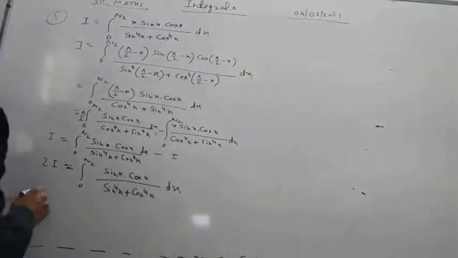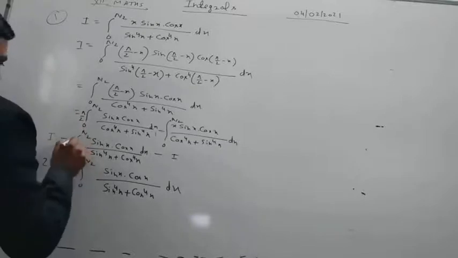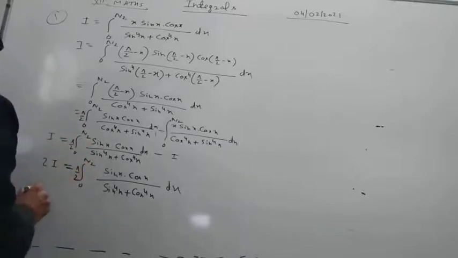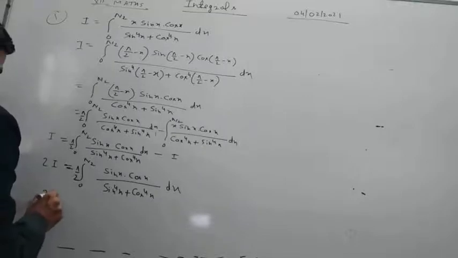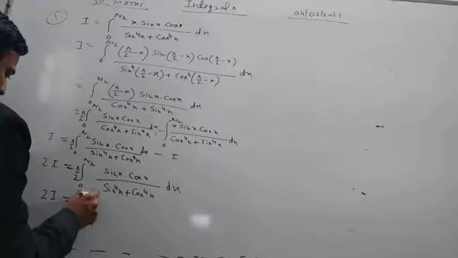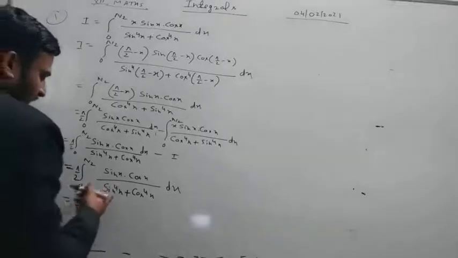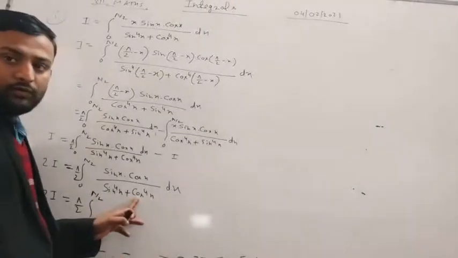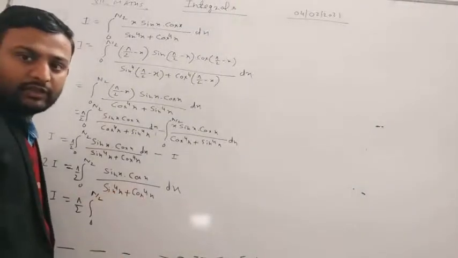Okay, students, now this is pi by 2. So 2I is equal to pi by 2 times the integral from 0 to pi by 2, and we divide by cos to the power 4x in numerator and denominator both.